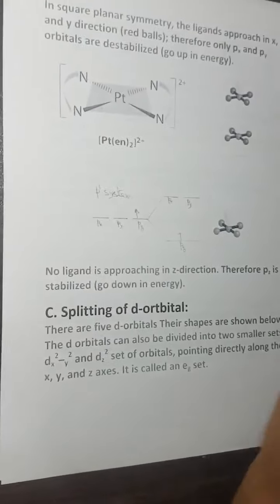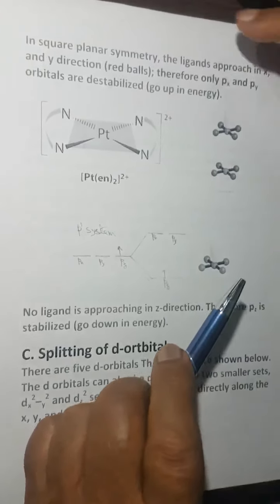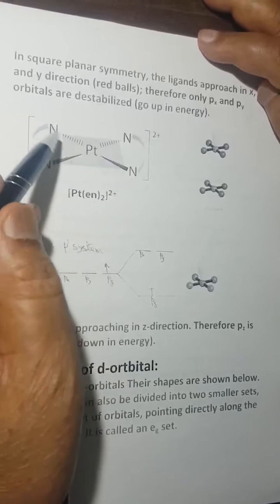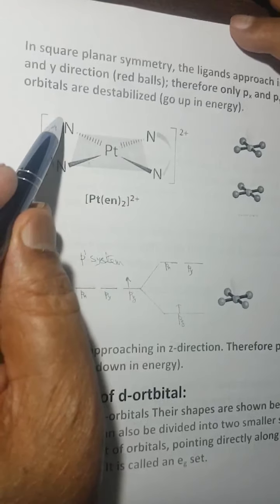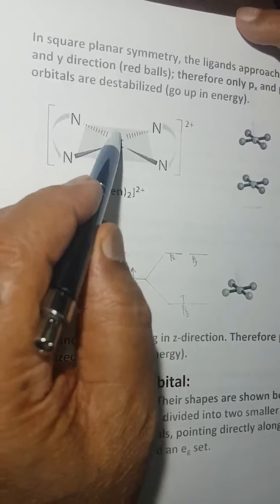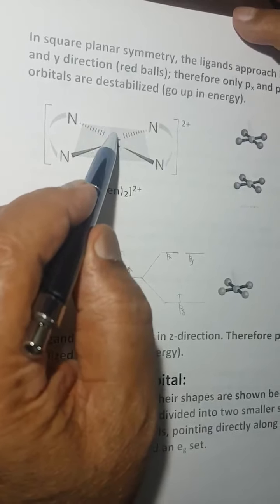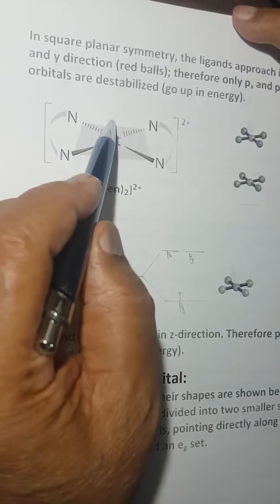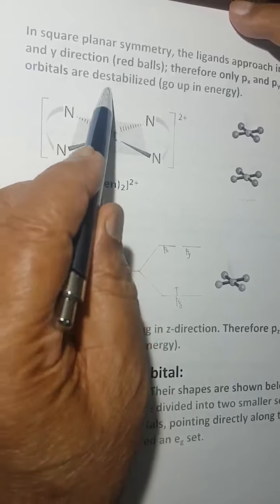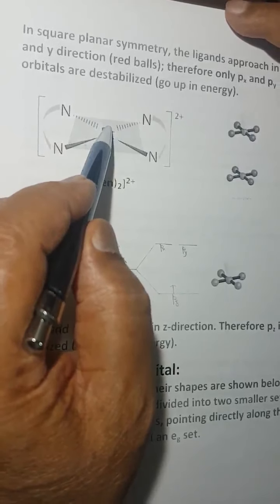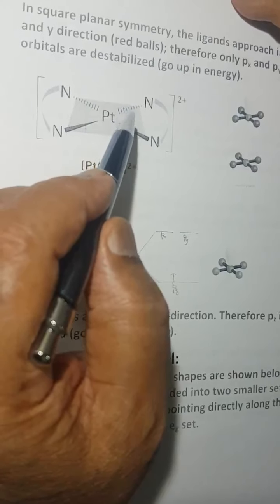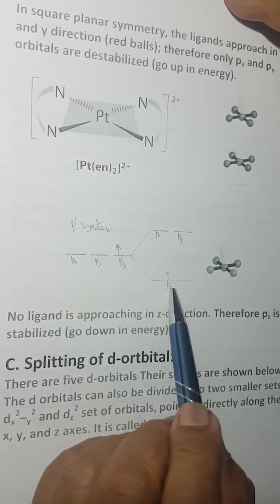I have shown here p orbitals in a square planar complex. The ligand is coming on x-axis, ligand is coming on y-axis, no ligand is coming on z-axis. So there is no effect on pz. Pz orbital doesn't go high in energy. That means it is stabilized, and you can see I have shown it here.